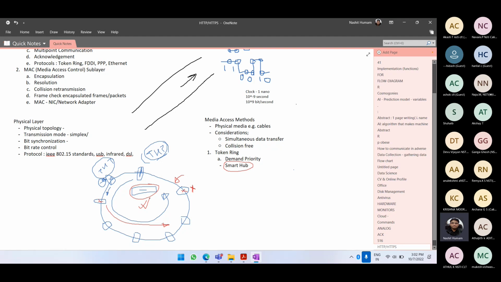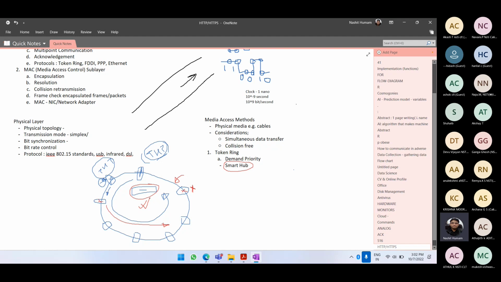Since we might have certain devices which are also trying to send data and have higher priorities. So, for higher priority data transmission, this token ring algorithm did not prove to be very useful. So, what we defined was our demand priority kind of token ring algorithm.